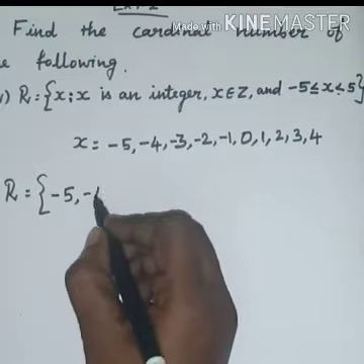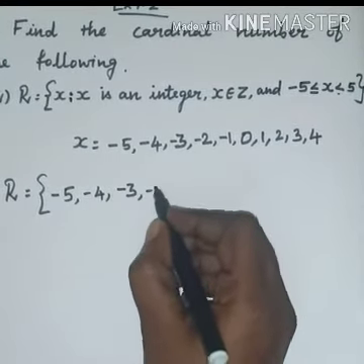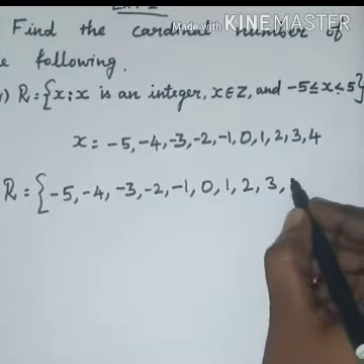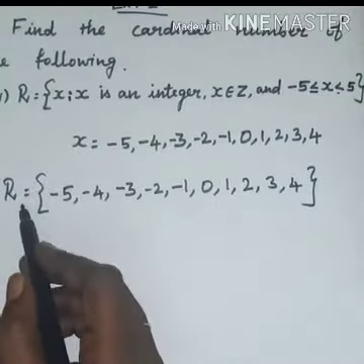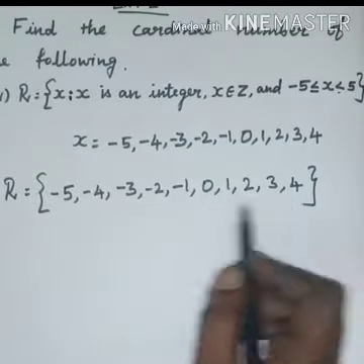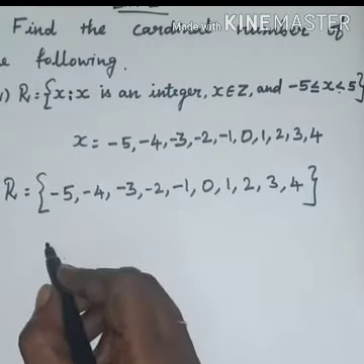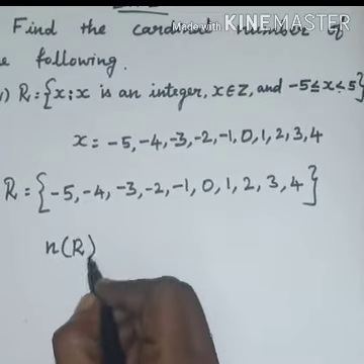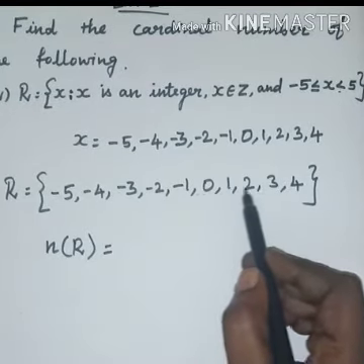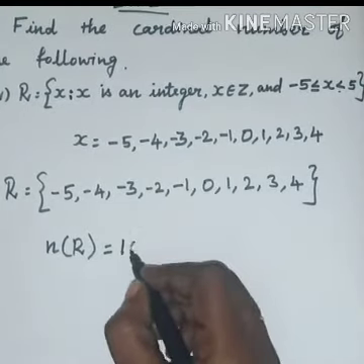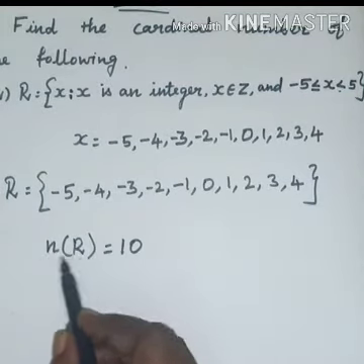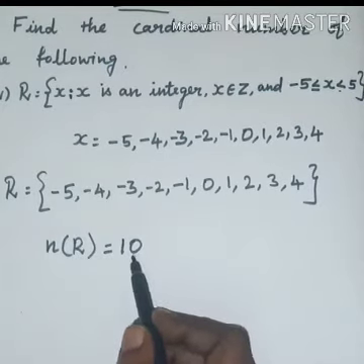Minus 5, minus 4, minus 3, minus 2, minus 1, 0, 1, 2, 3, 4 are the elements of the set R. Now how many elements are there in the set R? 1, 2, 3, 4, 5, 6, 7, 8, 9, 10. So there are 10 elements in the set R. Therefore the number of elements, n of R, is equal to 10.